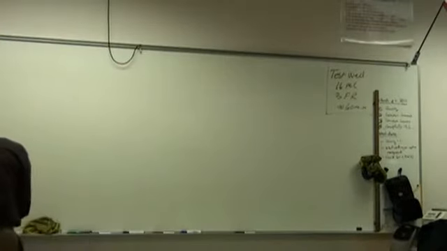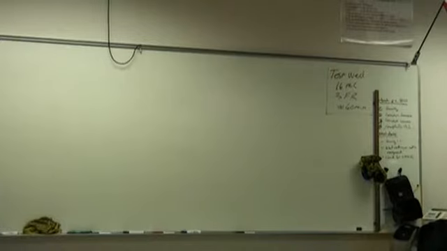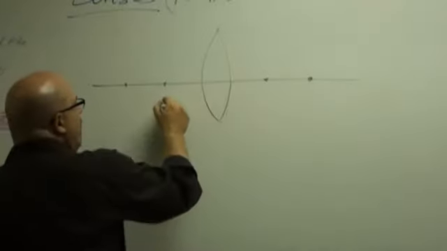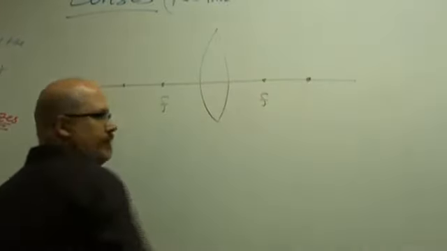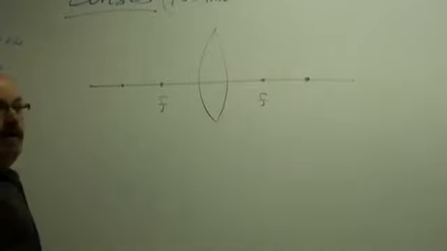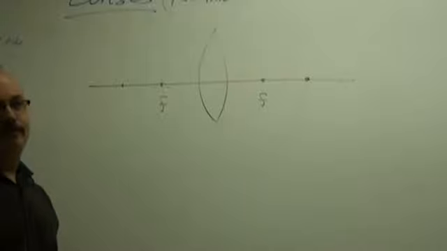Okay, let's do our ray diagrams. They go like this. Okay, you see dots on both sides. Focus, focus. Focus, focus. Negative focus. All right, now. There will be a negative focus.